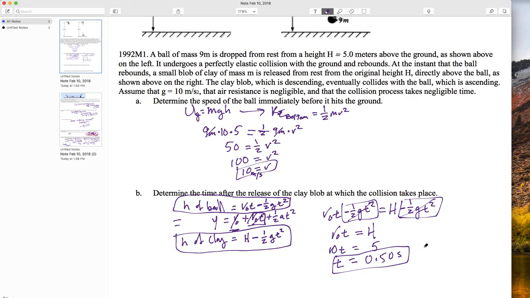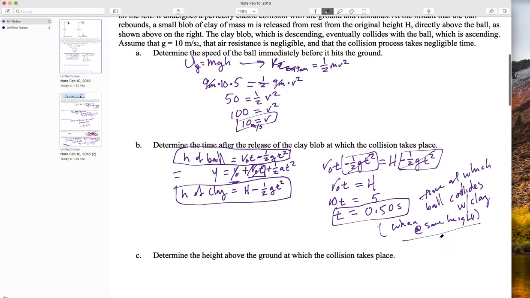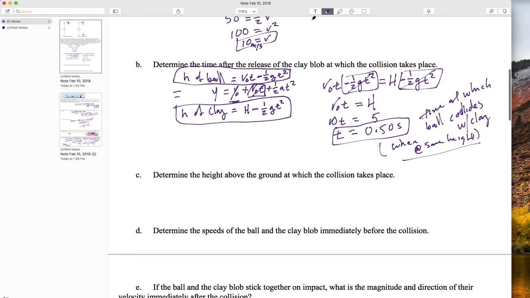Okay, so this is the time at which the ball collides with clay, and the condition that let us find this is when they are at the same height, because they're in the same place at that point. Let's move on. Determine the height above the ground where the collision takes place.